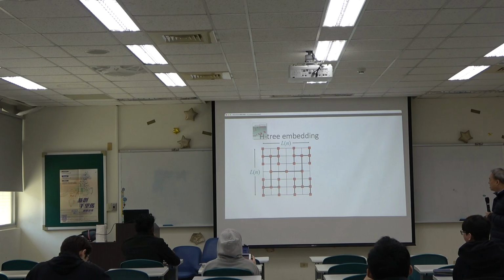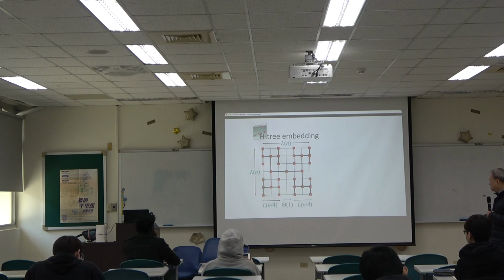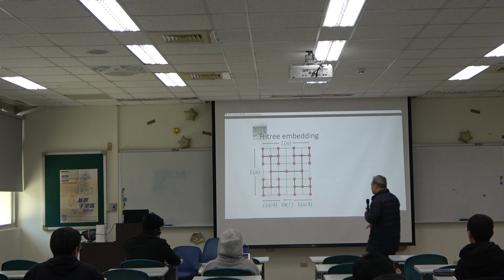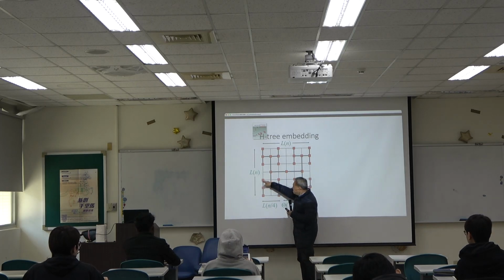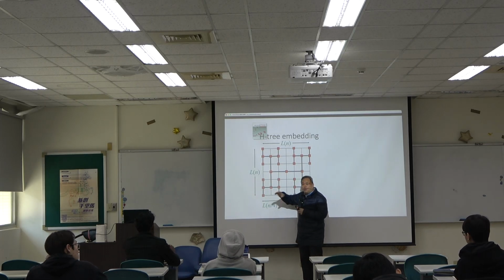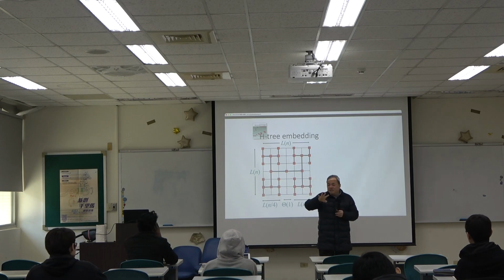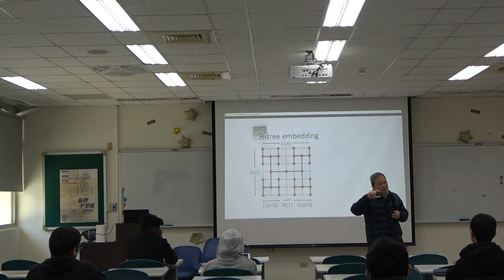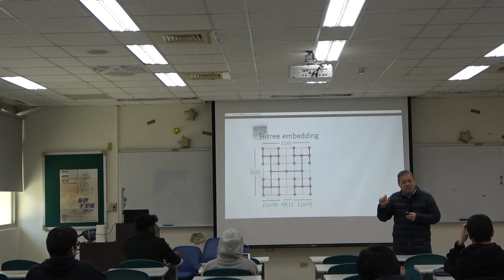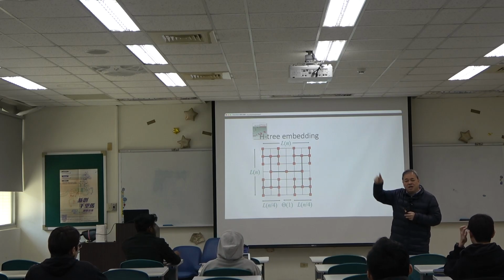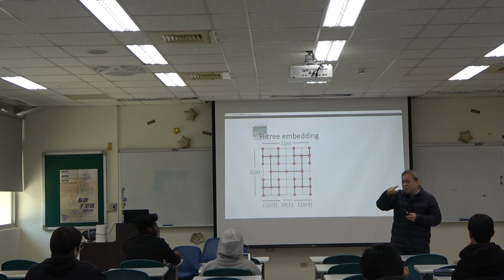So let's look at one particular side, L(n). If you look at it this way, it's going to be L(n/4), because each of these takes care of 1/4 of the problem size, or 1/4 of the number of leaf nodes, because we are growing in two directions: up, down, and left, right.